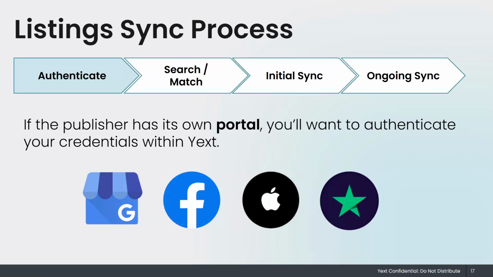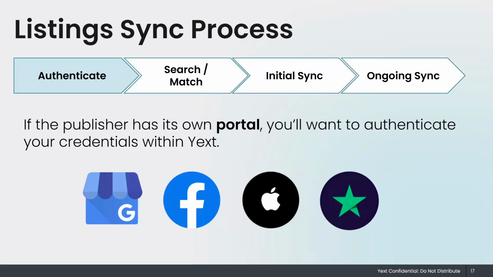The reason there's a bit of extra setup here for these publishers is because they have their own portal. Google specifically, if you have a Google Business Profile account, you will be aware that there are ways to store your Google listings in that profile or in that account, via folders or what we call location groups.